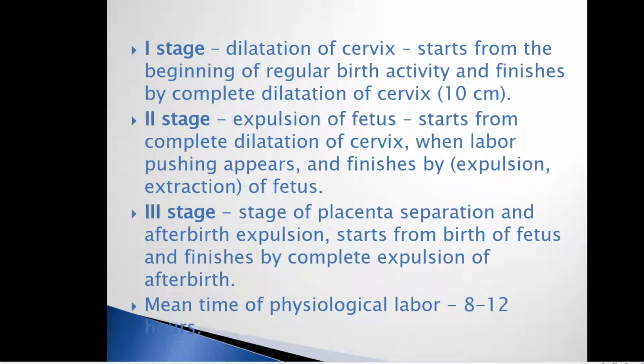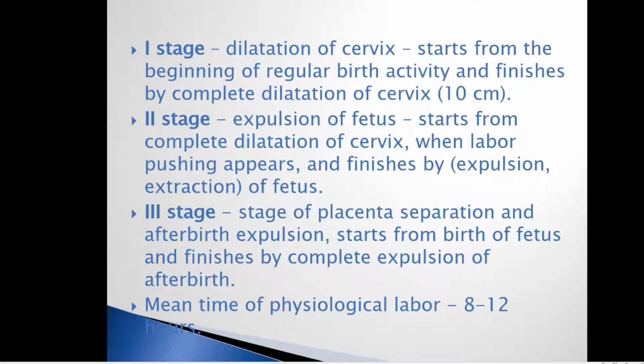According to the previous information, I repeat again and pay your attention that the whole process of labor consists of 3 stages. The first stage is dilatation of the cervix. It starts from the beginning of regular birth activity and finishes with complete dilatation of the cervix. Complete dilatation is 10 centimeters.